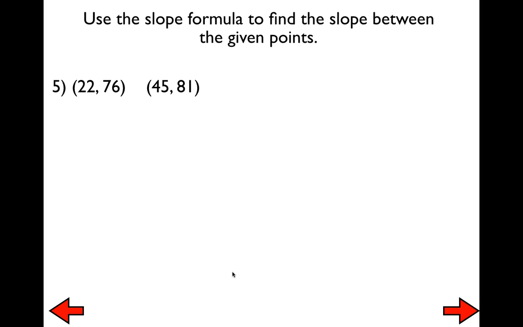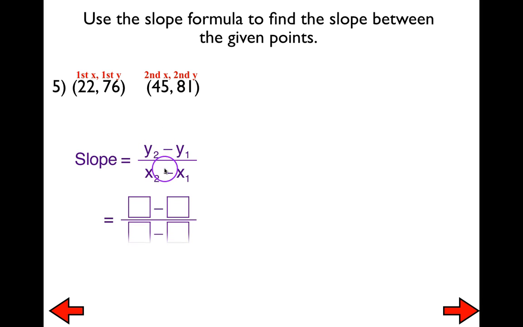So with these large numbers, let's go ahead and use the formula. We're going to write it down as y sub 2 minus y sub 1 over x sub 2 minus x sub 1. We're going to label which is which. So notice here I labeled it slightly different. I called it the first x, first y, second x, second y. Because I want you to understand that that's what it is. Okay?